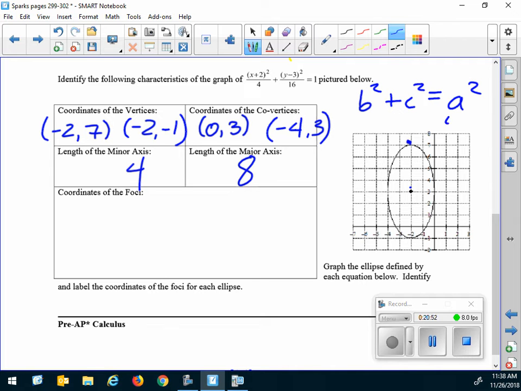So A is 4. What's B? B is 2. And C is the distance from the center to the focus, which is what I don't know. So we've got 4 plus c squared equals 16. C squared equals 12.